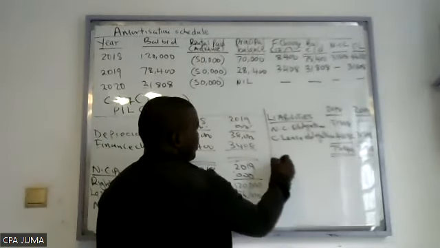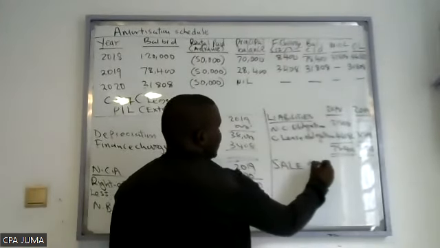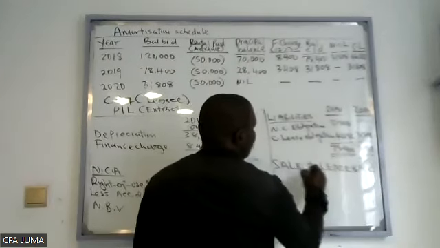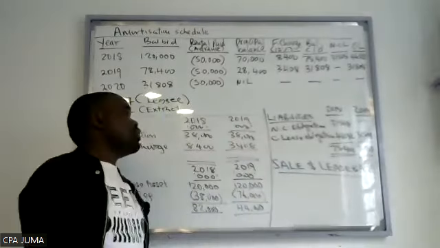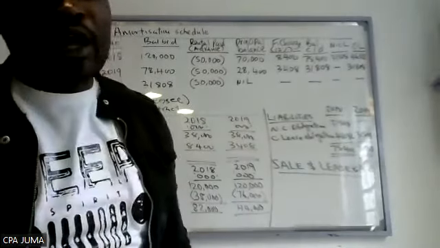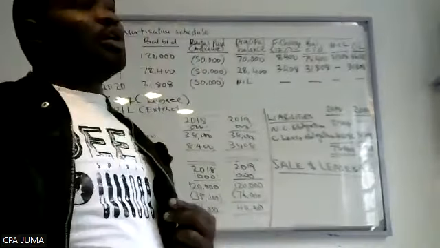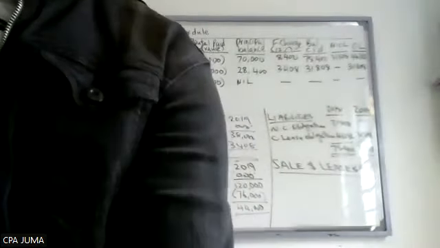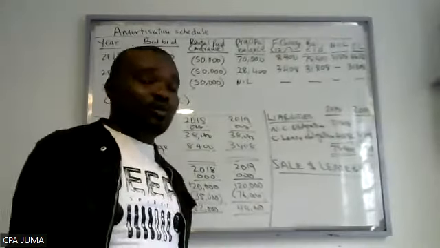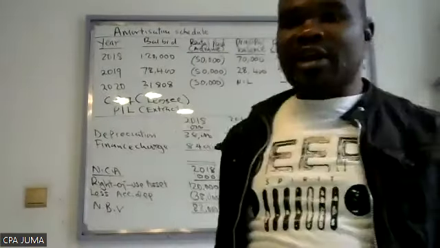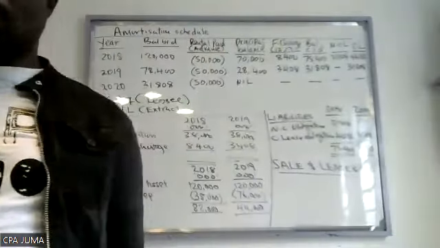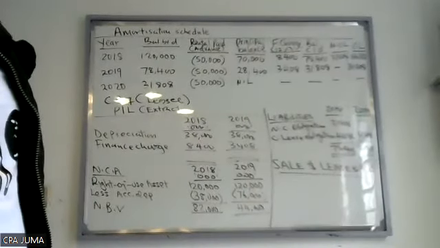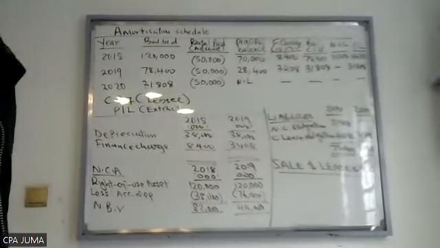Next topic: sale and lease back. Looking at it as a layman, you would say it is witchcraft. You sell your house, say the house you constructed in Nairobi, to someone, say James.